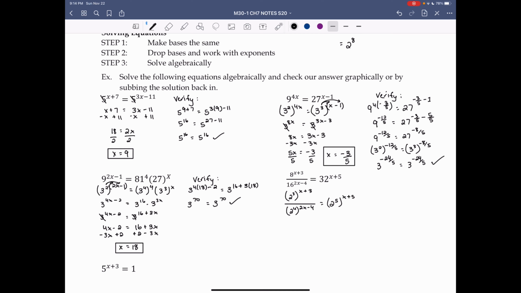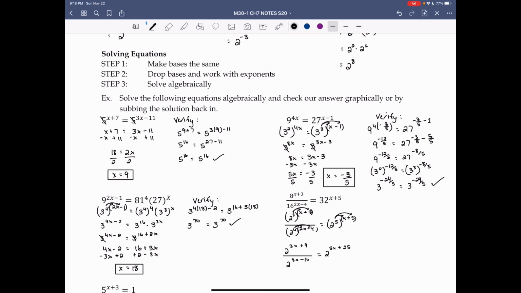We want to simplify, so multiply 3 into this binomial. We get 2 to the power of 3x plus 9 over, multiply the 4 into this binomial, 2 to the power of 8x minus 16 equals, multiply this 5 to this binomial, 2 to the power of 5x plus 25.